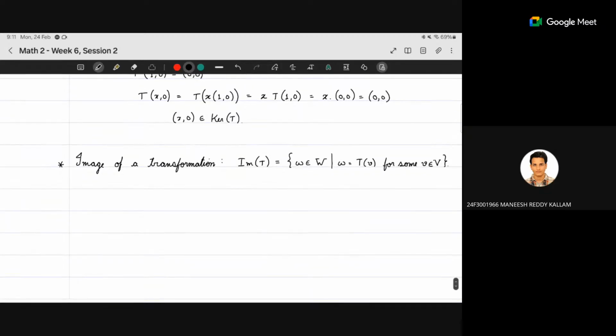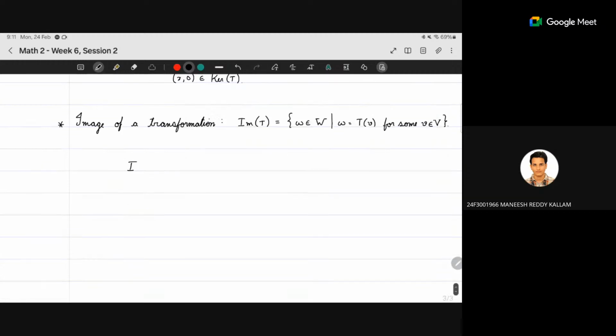Now, once again, the condition for surjectivity is, can someone guess or give the condition for surjectivity in terms of image? This is just something from function. It is the language of functions. There's no linearity. When do you say that something is surjective or onto?